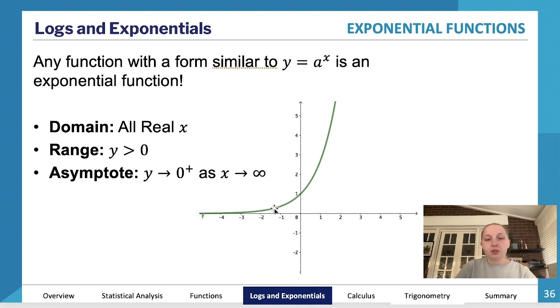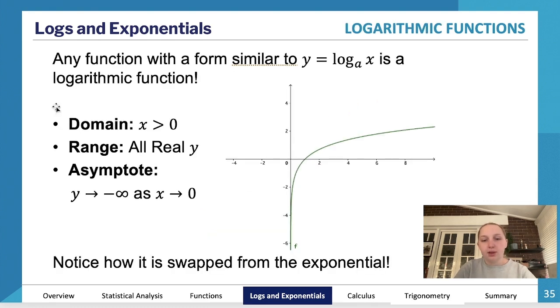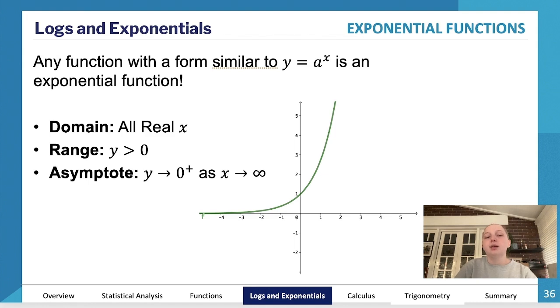Okay, and you'll see the y-intercept of 1. And then in this one, our log function, the x-intercept of 1. So we really are just flipping them and creating the opposite functions. Okay, so that's what our two graphs look like. It's important you can recognize them and draw them, and recognize the domain, range, and asymptotes of these graphs.